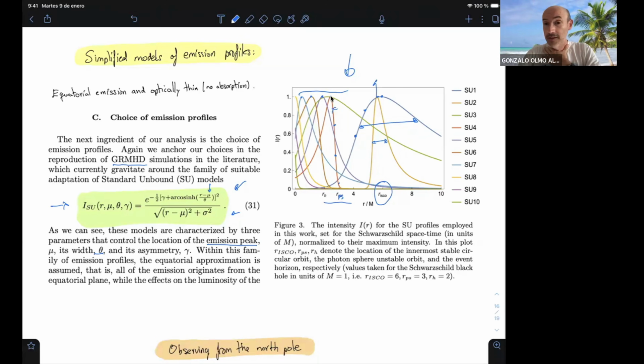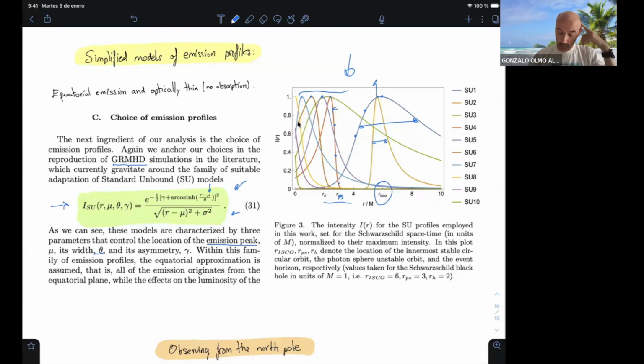So even if this point is the one with the highest intensity of this model, the observed intensity may not be as big, as significant, okay? And maybe a more distant point where the gravitational redshift is sufficiently small appears brighter than this one, okay? So you need to start thinking in that way, okay?